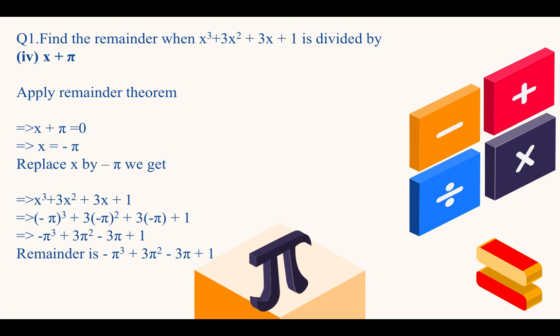So I am left with 3 pi square minus 3 pi, because plus 3 multiplied by minus pi will give you minus 3 pi, and plus 1. So you can see over here the remainder is minus pi cube plus 3 pi square minus 3 pi plus 1.